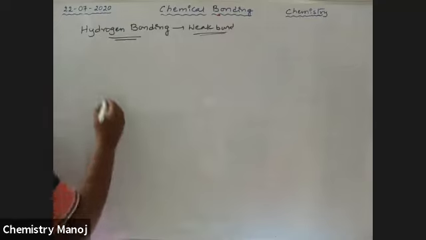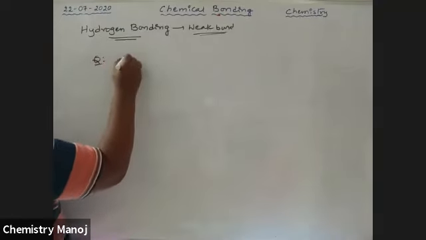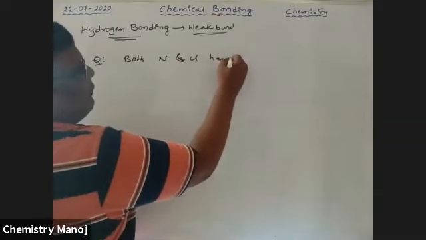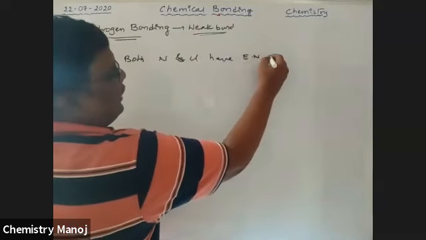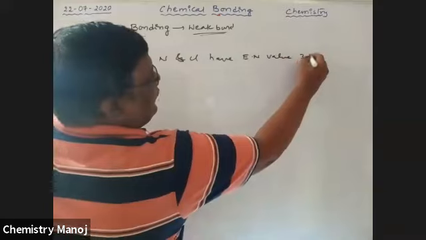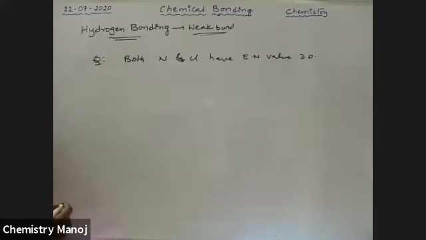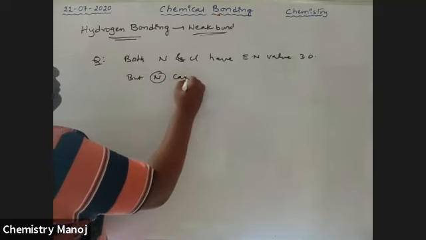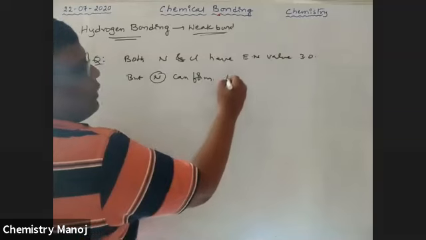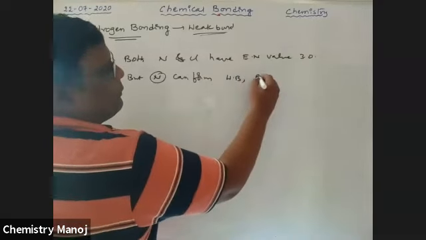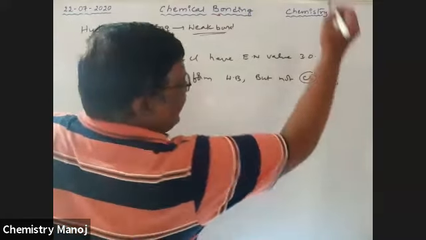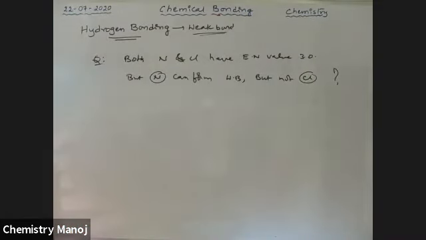The question is, both nitrogen and chlorine have electronegativity value 3.0, but nitrogen can form hydrogen bonds, but not chlorine. Why?